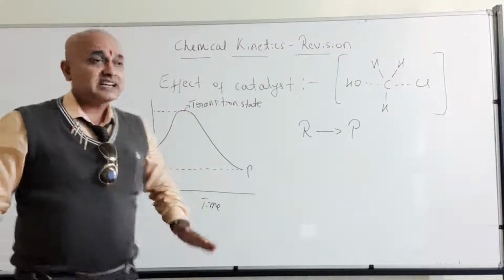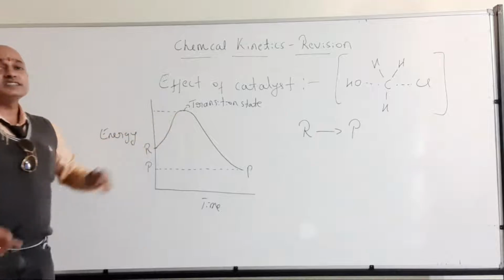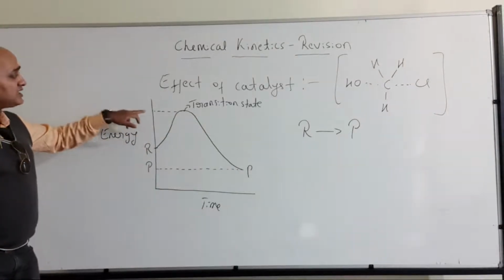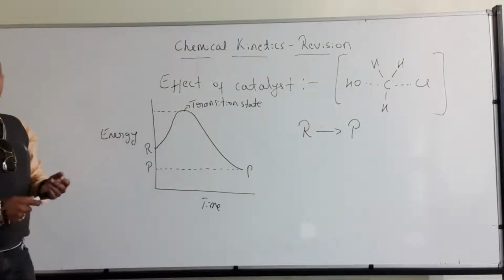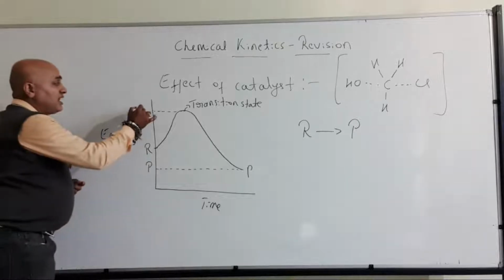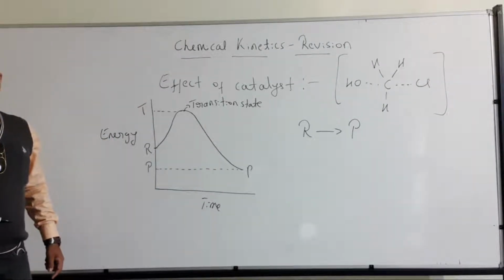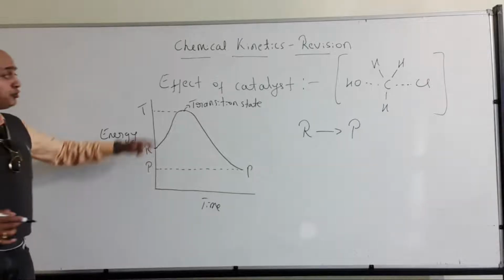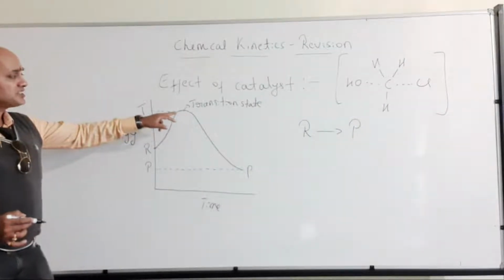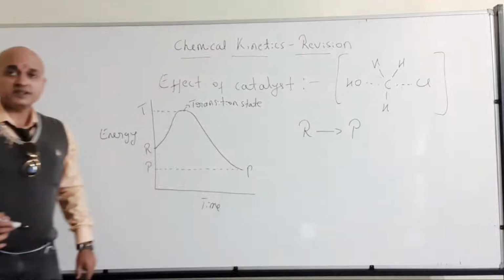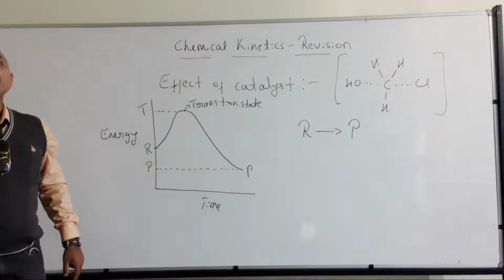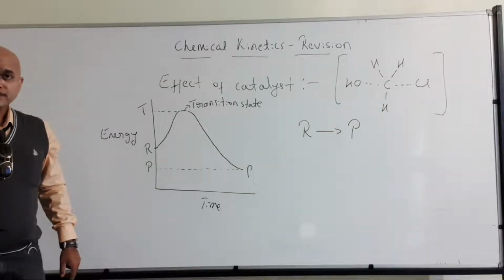So that's where we have the transition state, which is at highest energy. Therefore, it is temporary. And due to the attainment of the transition state, product will be formed. Otherwise, it would have been impossible.